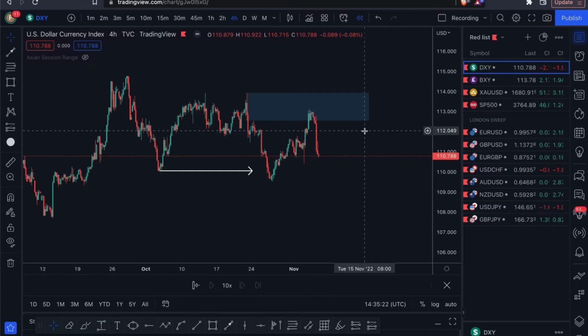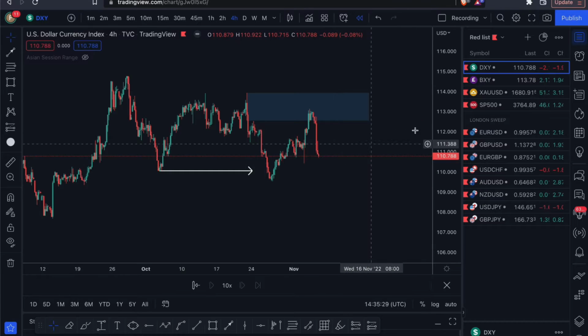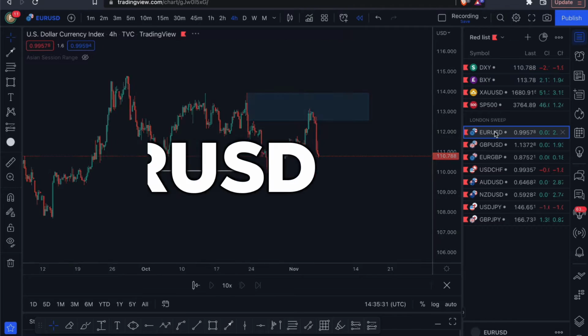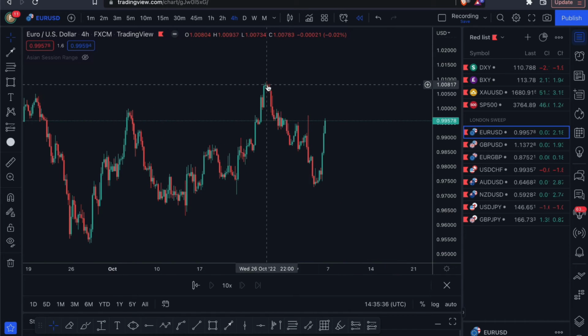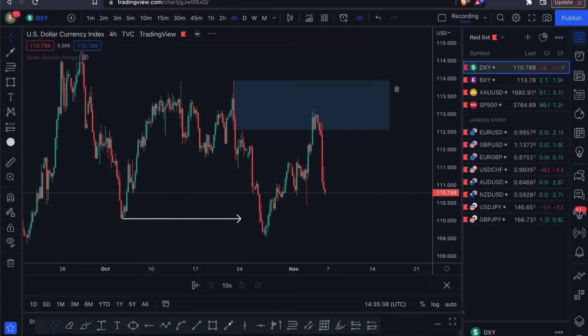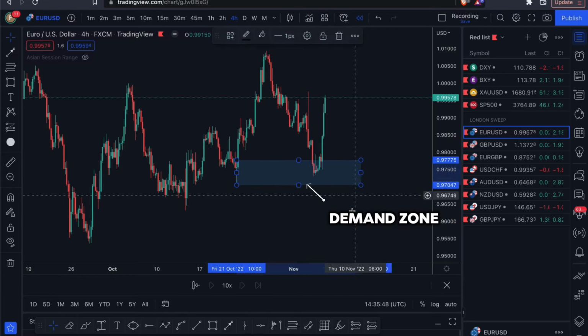and from here what we'll do next is we'll move to the currency pair we are trading. So remember that if we are expecting a bearish move like this on the DXY, then the opposite will be true for pairs like Euro USD. So essentially we'll be looking for buys on Euro USD, and we can see that this move that we had a look at on DXY over here is aligned with this move to the downside on Euro USD, and so that area that we will be looking for on Euro USD is this one.